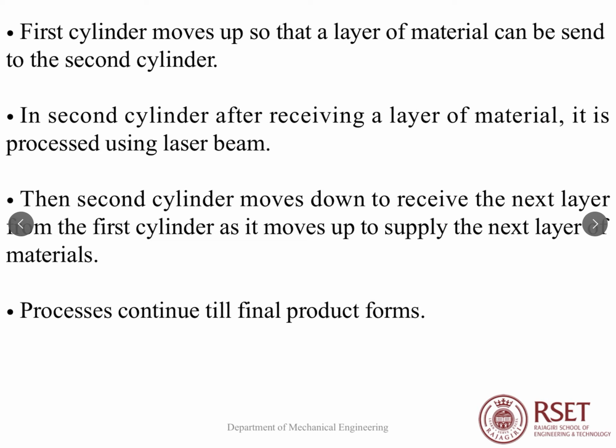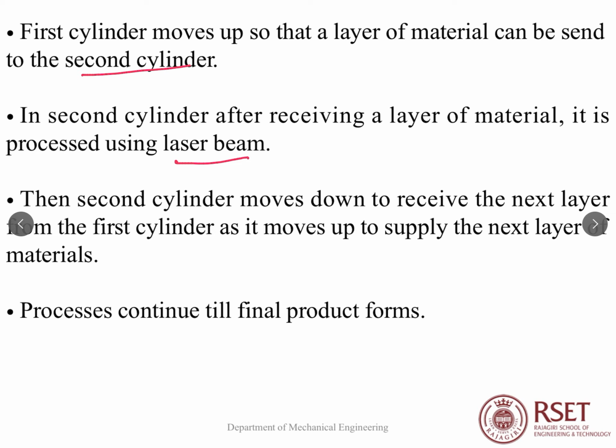The first cylinder moves up so that a layer of material can be sent to the second cylinder with the help of the powder roller. The second cylinder, after receiving a layer of material, gets processed using the laser beam. Then the second cylinder moves down to receive the next layer from the first cylinder as it moves up to supply it.